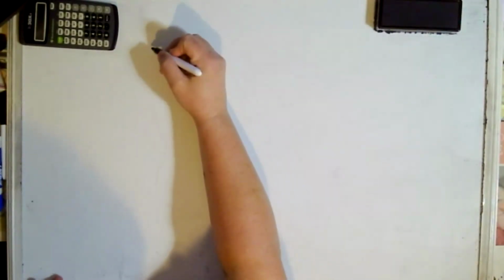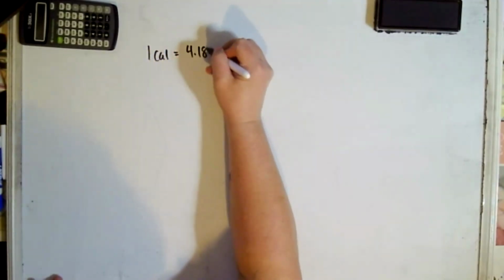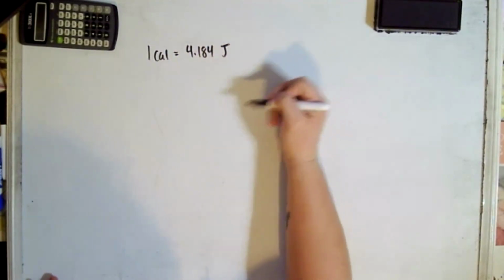Okay. I just want to be clear here. It seems kind of random, but remember that every 1 calorie is 4.184 joules.